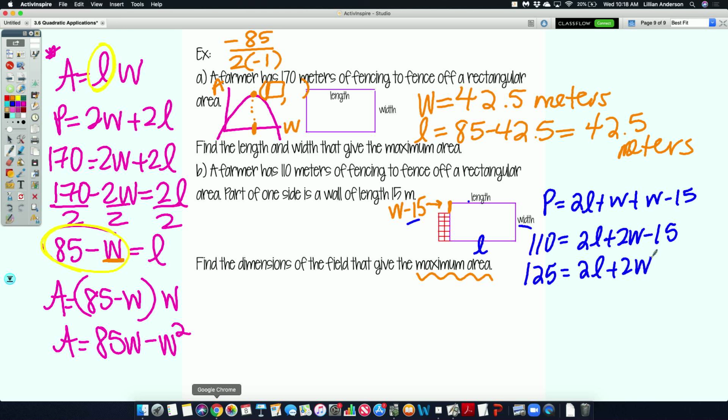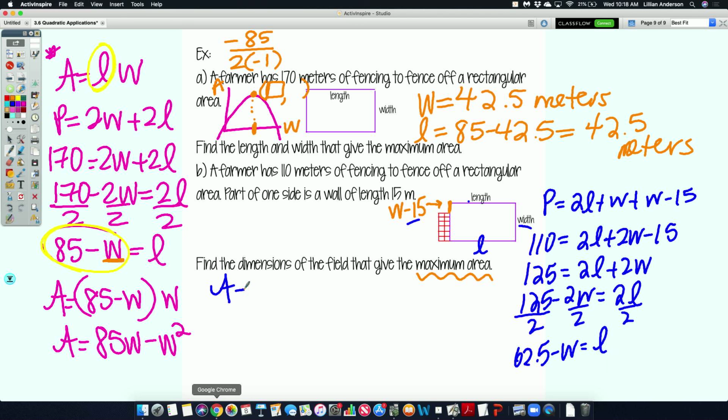I need to again continue to solve for one of my variables. And then that 62.5W is what I plug back in to my area equation of length times width.